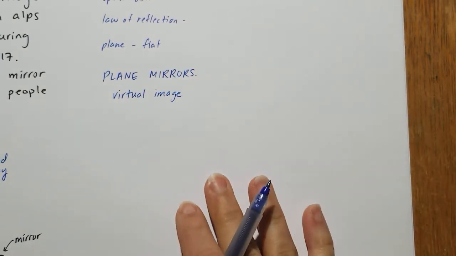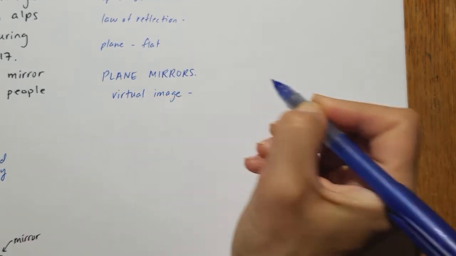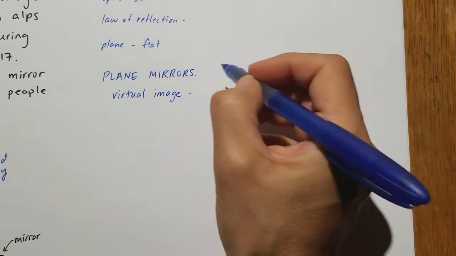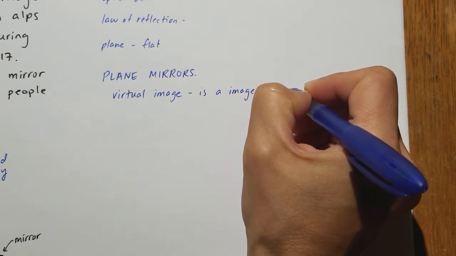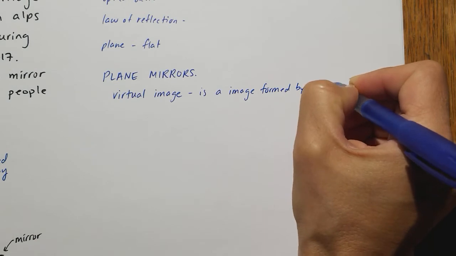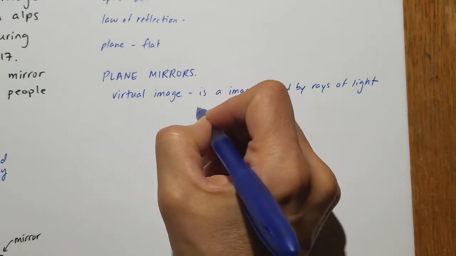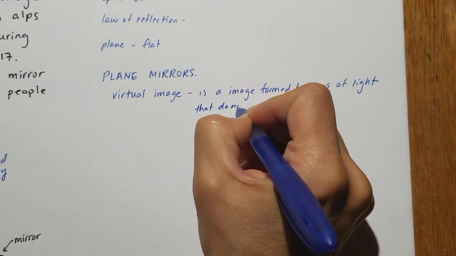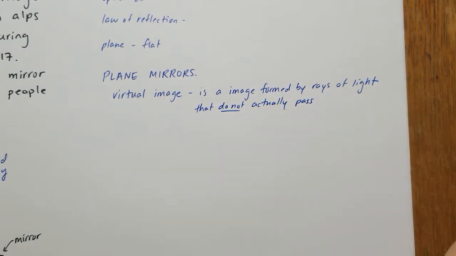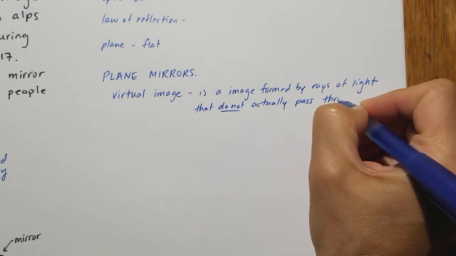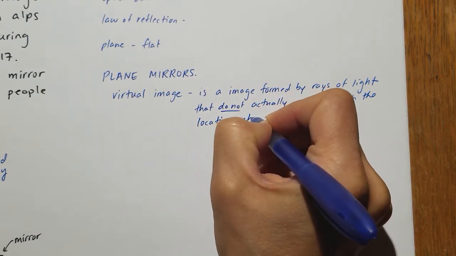So we're talking about rays of light. The reason why we see things is because light reflects off of things. So a virtual image is an image formed by rays of light that do not actually pass through the location where the image forms.